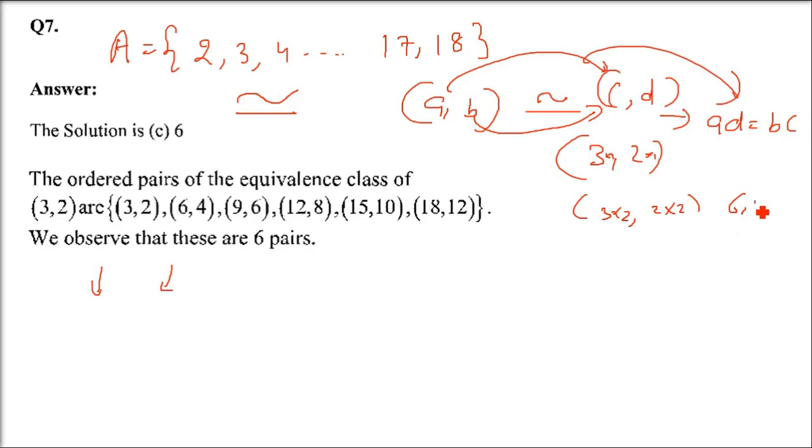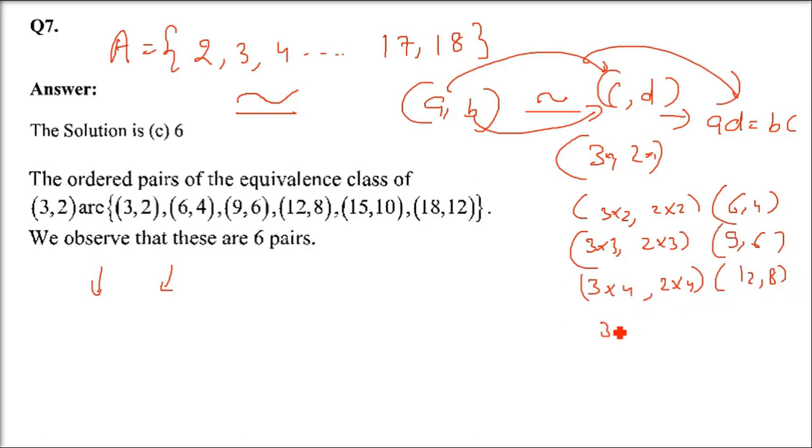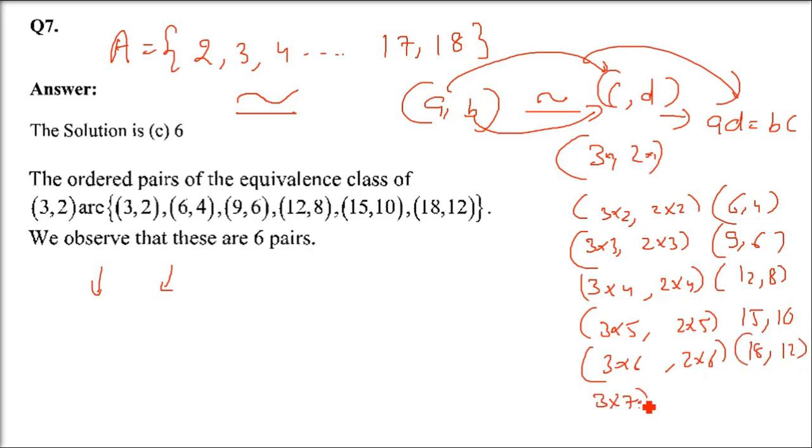So what do you get? (6, 4). 3 into 3, 2 into 3: (9, 6). 3 into 4, 2 into 4: 12 and 8. 3 into 5, 2 into 5: 15 and 10. 3 into 6, 2 into 6: 18 and 12. 3 into 7, 2 into 7: 21 and 14.